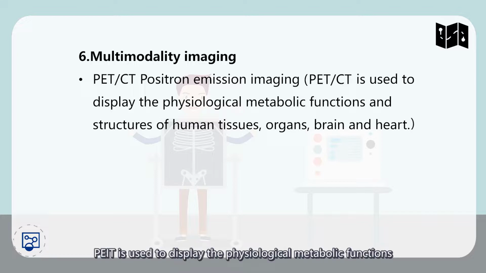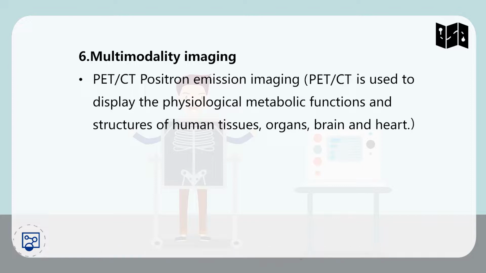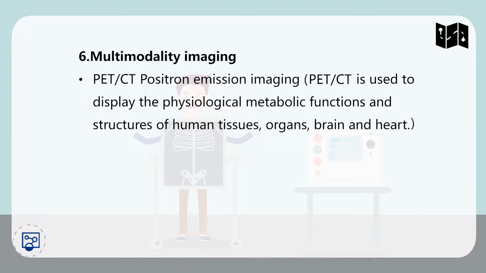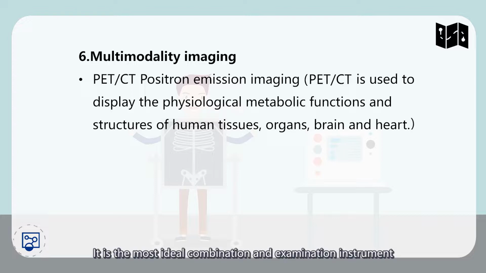PET is used to display the physiological metabolic function, and CT to show the structure of the human tissue. So CT shows structure, and PET shows the physiological metabolic function change. It is the most ideal combination of examination instrument in molecular imaging.